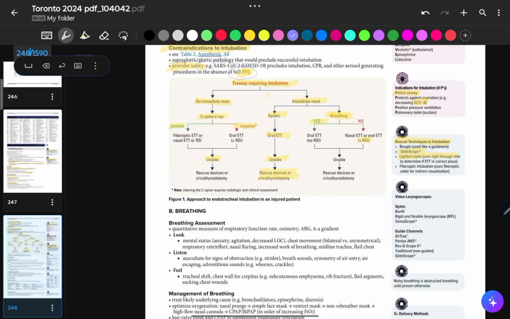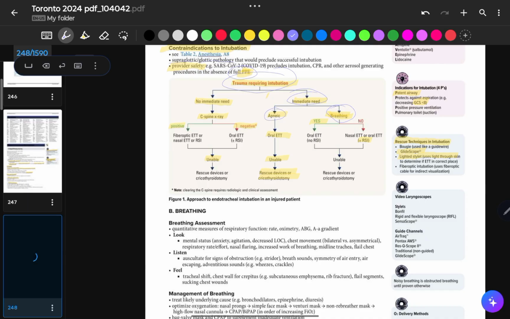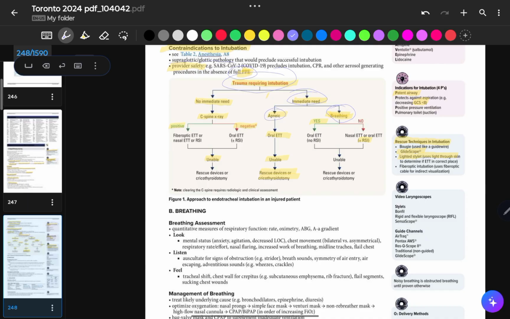All right. So when you have a trauma patient, the first thing you want to ask yourself is airway management. Is this trauma requiring intubation? If yes, the patient needs it now, then you want to ask yourself, is this patient apneic? If they're apneic, you're going to insert an oral endotracheal tube. If they're breathing okay, then you are going to insert an oral endotracheal tube with your rapid sequence induction.